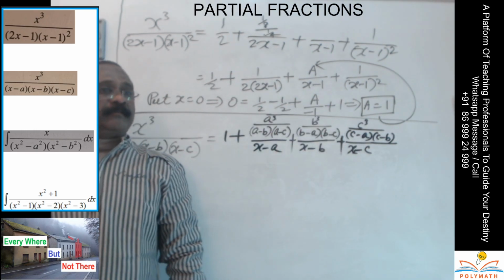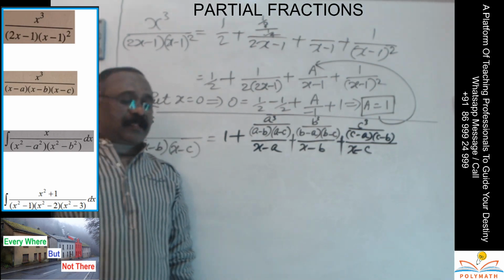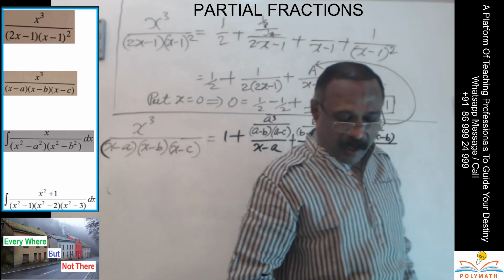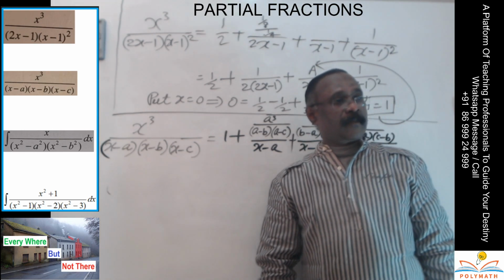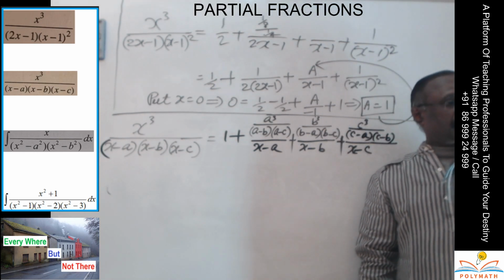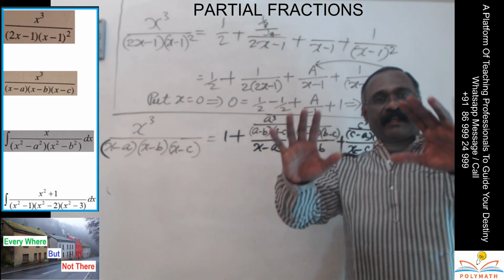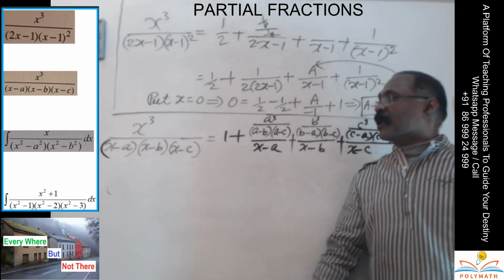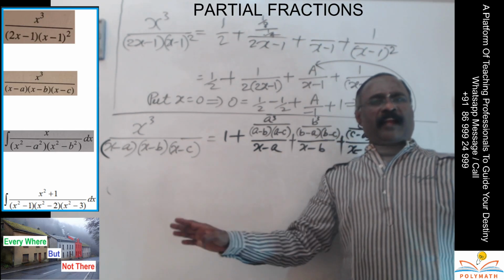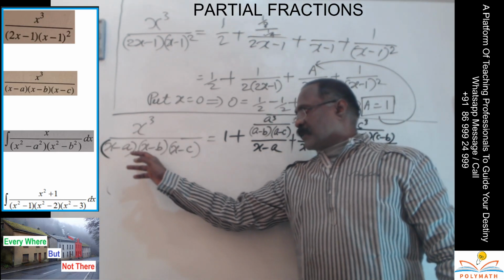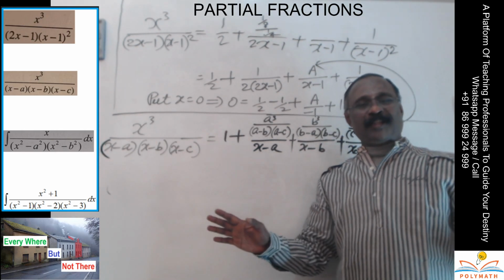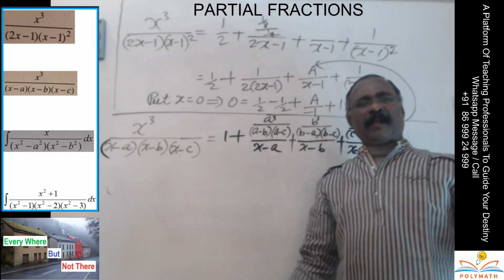Just check it out. What is the difference between proper and improper fraction? In an improper fraction, you have to just check the degree of the numerator and denominator. If they are equal, no worries. x cubed by x cubed gives 1, plus the same method applied.